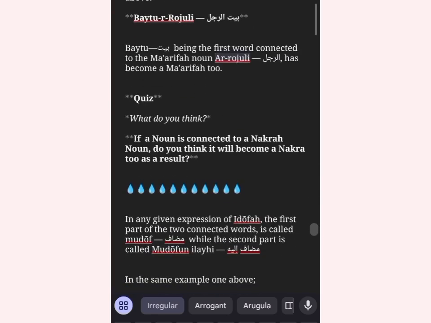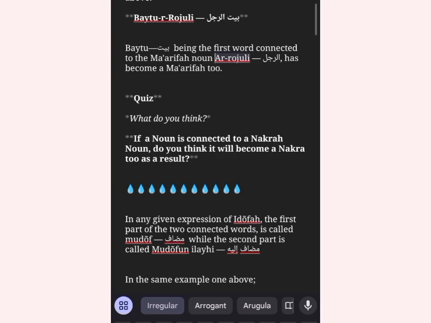Okay, let's quickly have a quick quiz. What do you think of this scenario? When a noun is added to a nakira noun, does that noun become a nakira too? So that's a brainstorming question. Put your answer in the comment section.